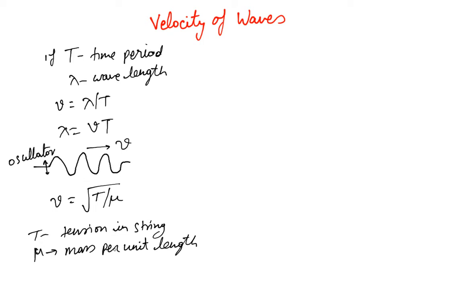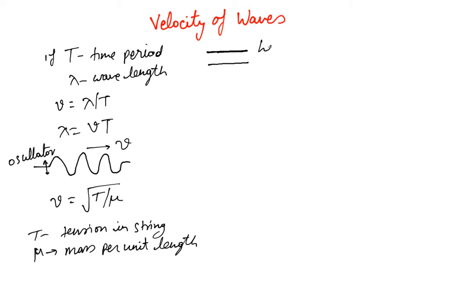Also, what is mu? Mu is the mass per unit length, which tells you how heavy or how light a rope is for each meter, or is it really a thick rope or a thin rope? Thick means heavy if you take a certain length of a rope. So a rope like this may have a higher mu compared to a rope like that, which has a lower mu. It's not really a good term to say heavy rope.